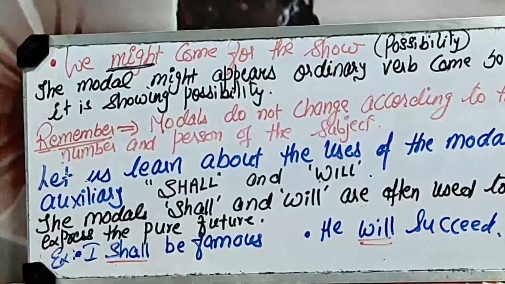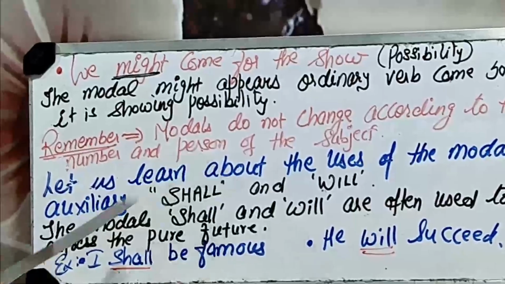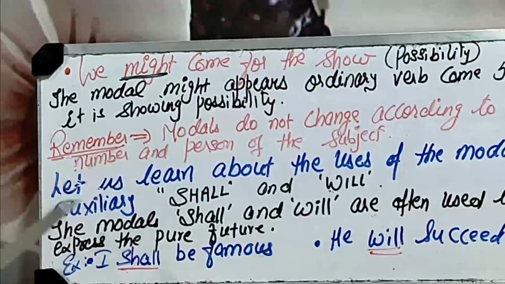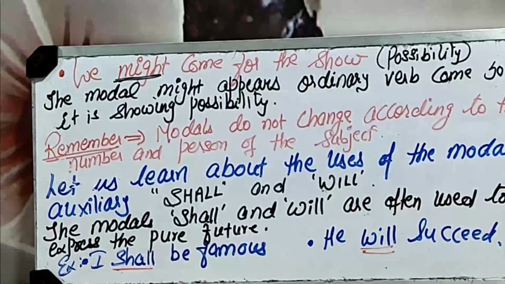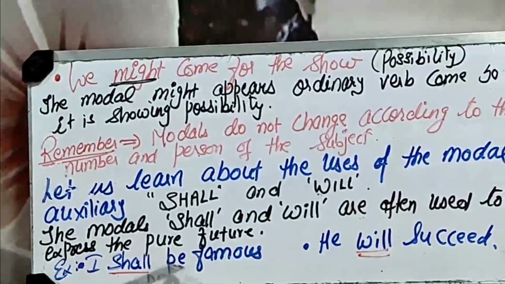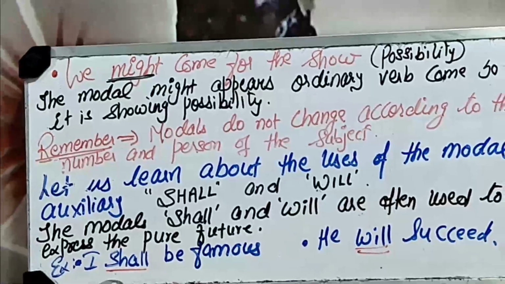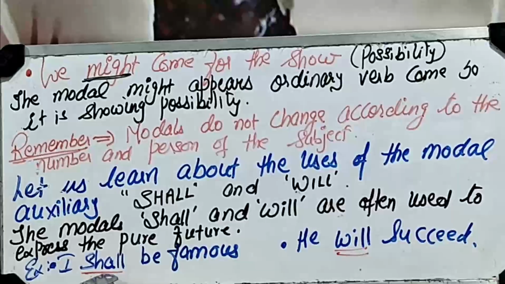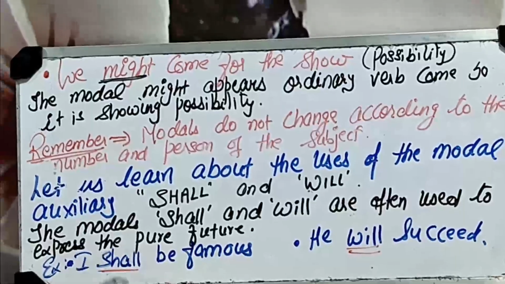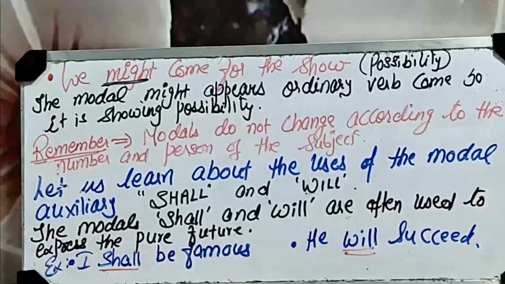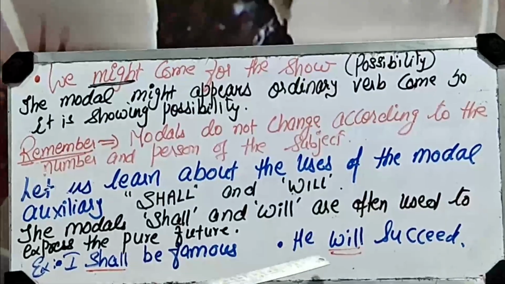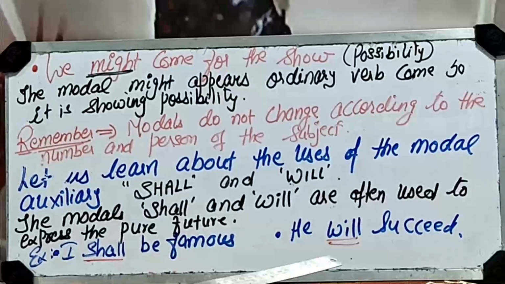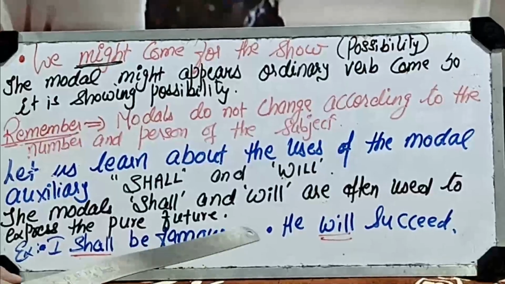Always use them for the future tense. Example, I shall be famous. Here shall is indicating the future. He will succeed. Again will is there, so it is again indicating the future.